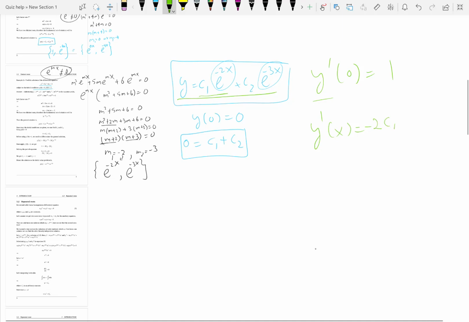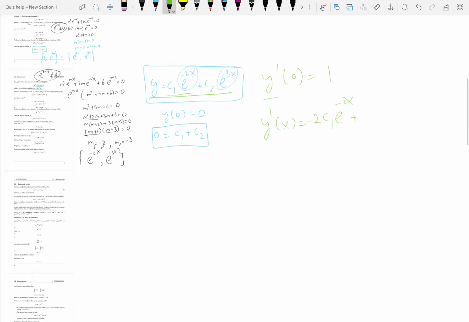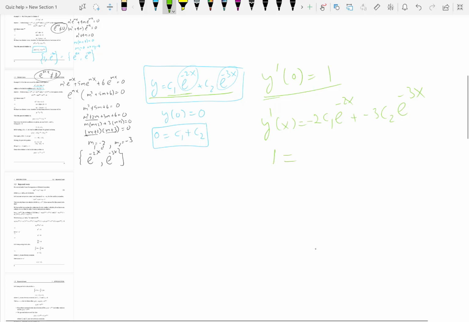So negative 2 c1 e to the negative 2x, plus, if you differentiate the second term, negative 3 comes out. Negative 3 c2 e to the negative 3x. Now let's use the second initial condition. So y prime of 0 means you substitute 0 for x, then you get 1 for y prime. So 1 equals negative 2 c1 e to the 0, which is 1, minus 3 c2 e to the 0, which is 1. So this is the second equation.